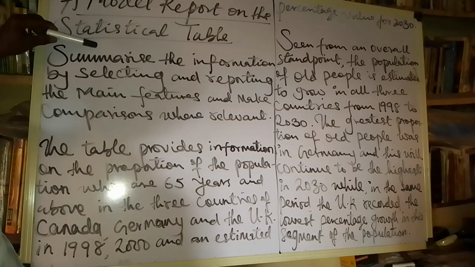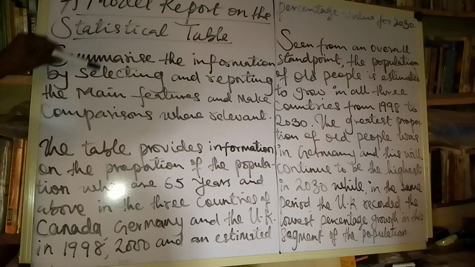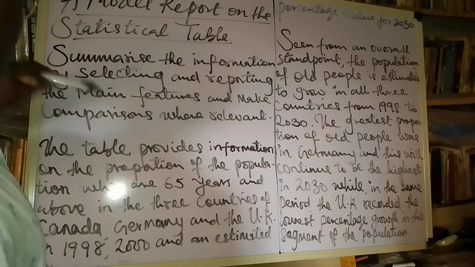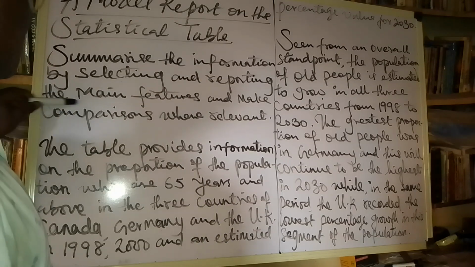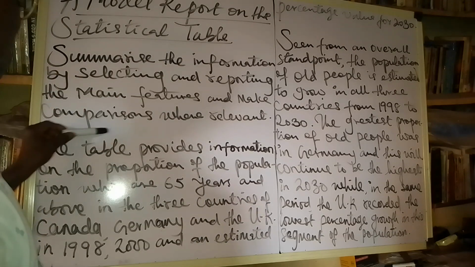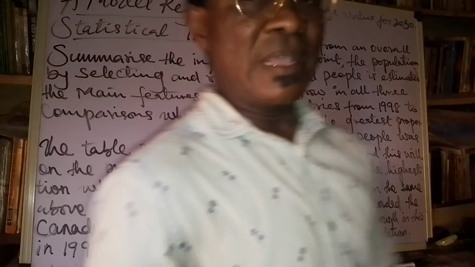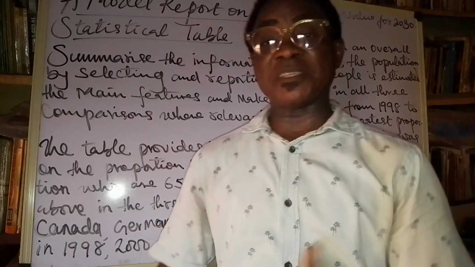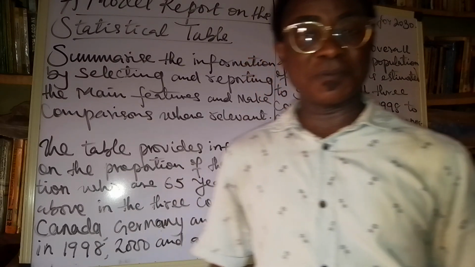To begin with, this is the question that tells us what to do. It says, summarize the information by selecting and reporting the main features and make comparisons where relevant. That means that the report is a summary of the information contained in the table.